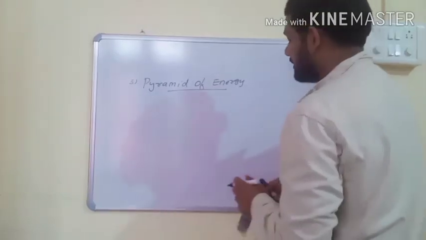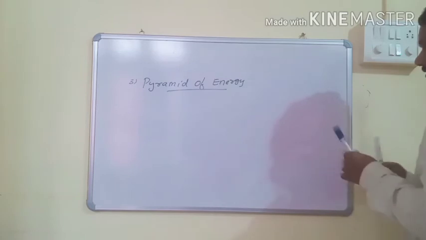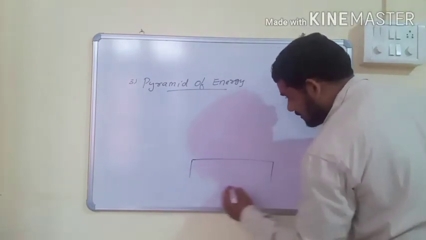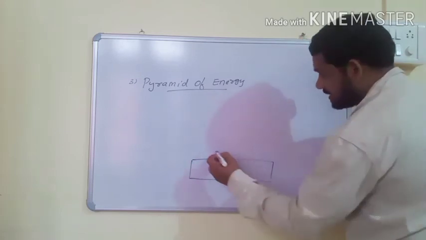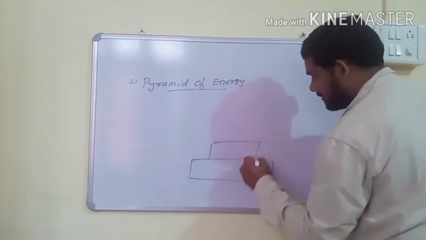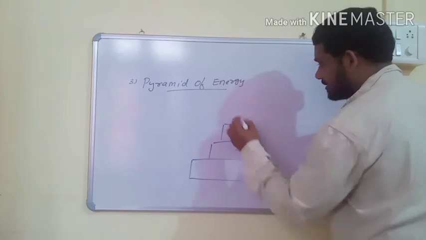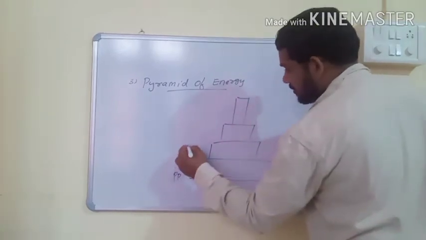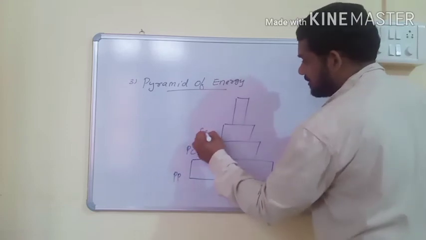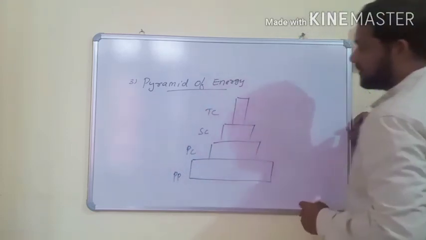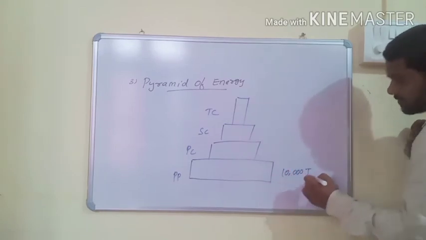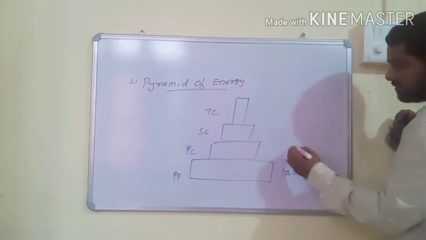It is the graphic representation of the amount of energy per unit area of different trophic levels sequence-wise, producers at the base, herbivores in the middle and carnivores at the top. And this energy is usually measured in joules.